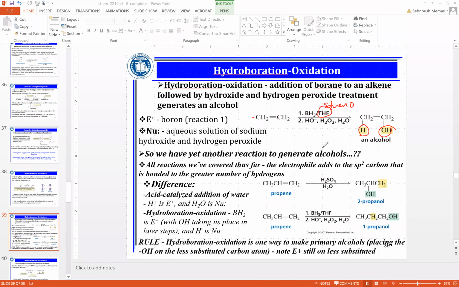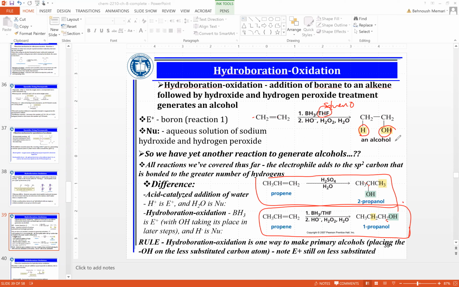So if you do direct hydration, you get Markovnikov addition. If you do hydroboration oxidation, it gives you anti-Markovnikov, and this is the only case where you can get a primary alcohol. You cannot get a primary alcohol from direct hydration or from oxymercuration demercuration.